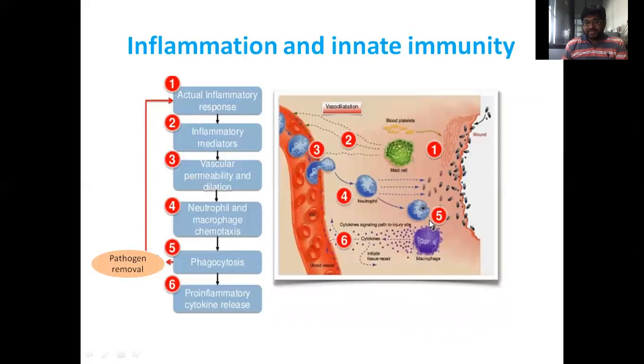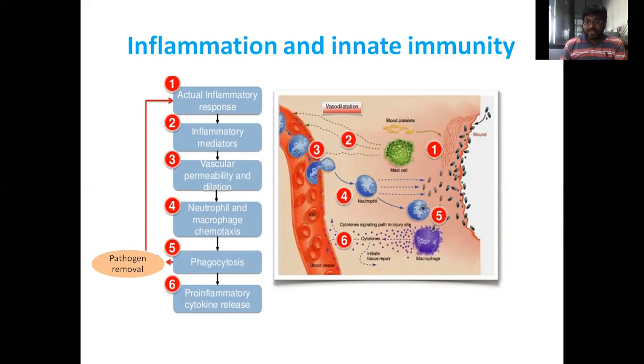Inflammation and the innate immunity. The actual inflammatory response mediates the inflammation through pathogen removal. So, vascular permeability and dilation, neutrophil and macrophage chemotaxis. By the inflammation, neutrophils and macrophages rush towards the site of the inflammation.